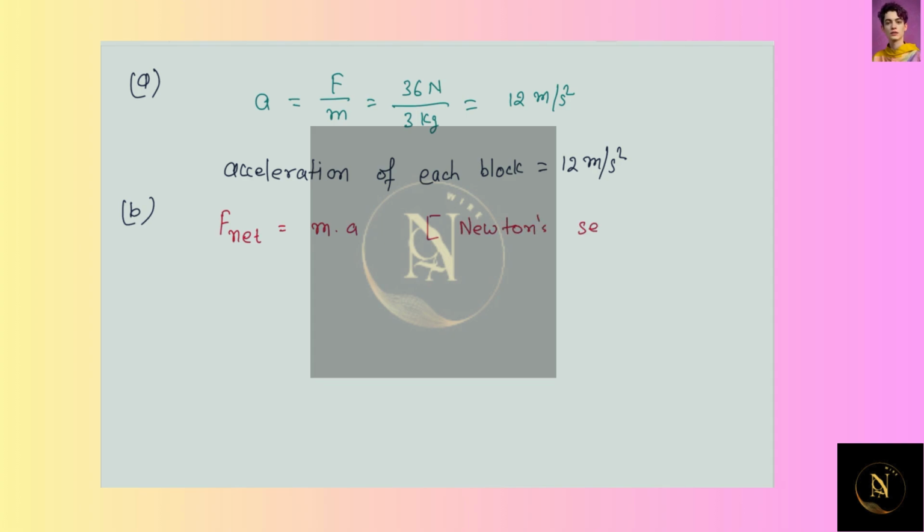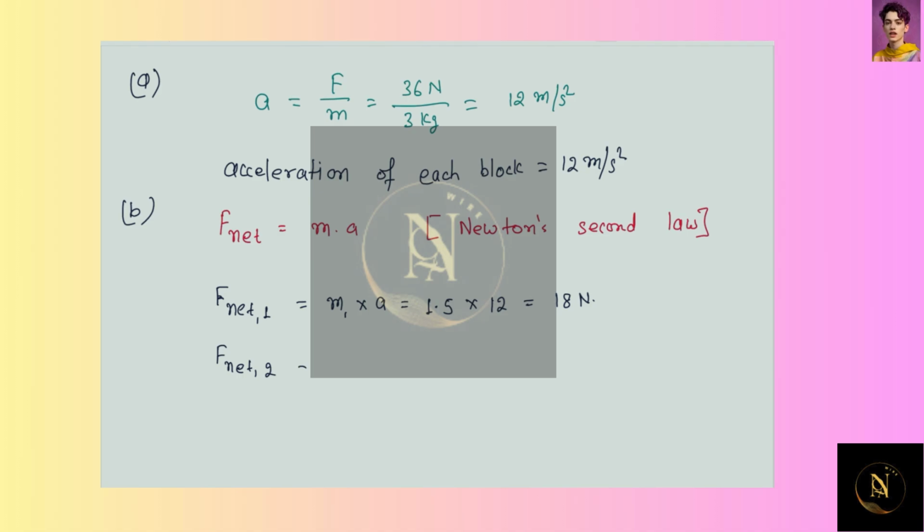The acceleration is the same for each block, so only the masses vary. Because of the varying mass, the net force will change for each block. Net force for block 1 will be the mass of block 1 into acceleration. The mass of block 1 is 1.5 kg multiplied by acceleration 12, which gives 18 Newton.